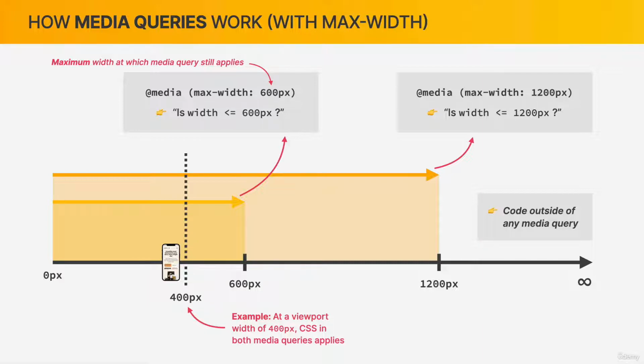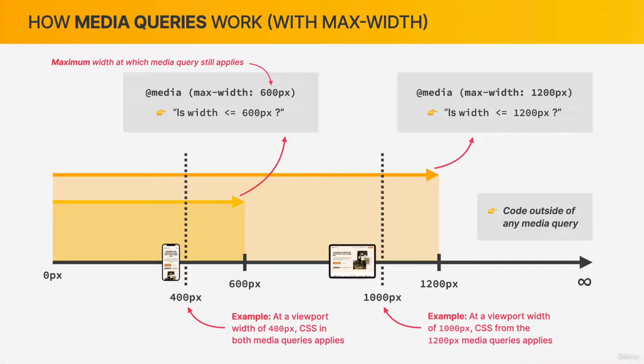Now, if you have conflicting CSS declarations in these queries, which is in fact usually the case, then the one which appears last in the code is the one that will apply. But now another example, this time with a phone of 1000 pixels of width, or maybe actually a tablet. So here only the 1200 pixel media query applies because only that condition is true.